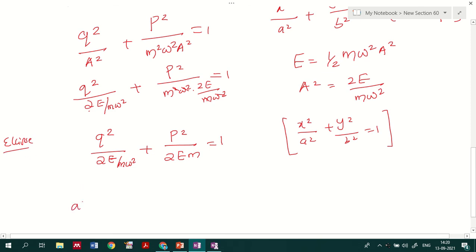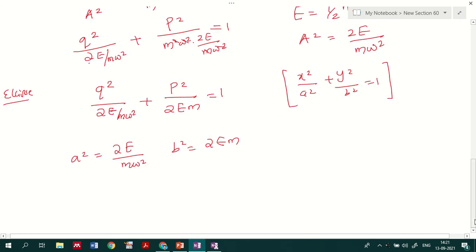So a square equal to 2E by m omega square, and b square equal to 2Em, and from that I can have a equal to root 2E by m omega, and b equal to root 2Em. Okay, where a and b are the major and minor axes of an ellipse.